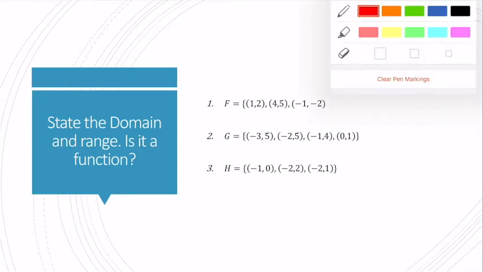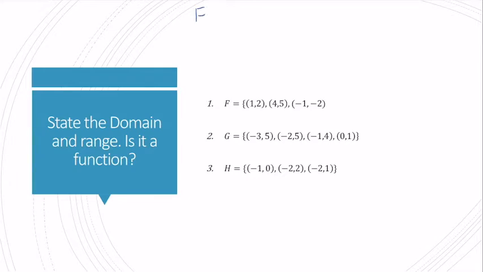So let's take a look at f. So for f, the domain, I'm going to represent this with a D. Its domain is all of its x values, so 1, 4, and -1. Typically we like to write those from smallest to largest. And its range is 2, 5, and -2.